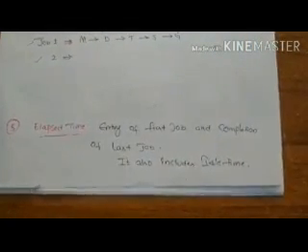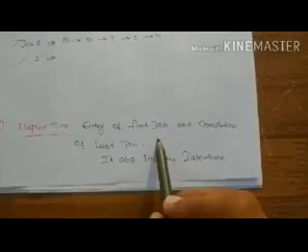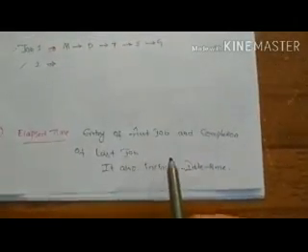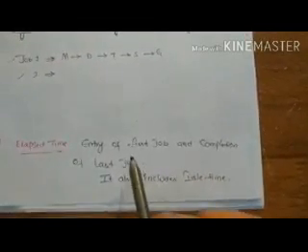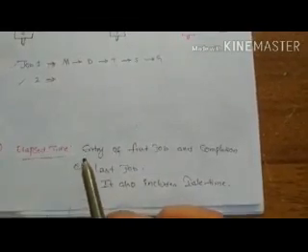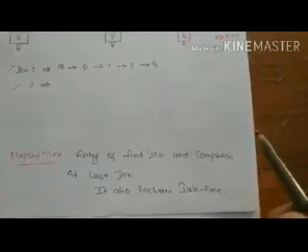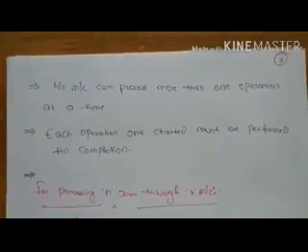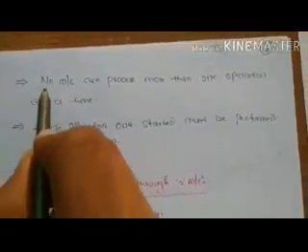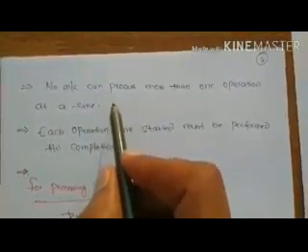The last one is elapsed time: the entry of the first job to the completion of the last job. This time period is called elapsed time, and it includes the idle time of the machines as well. A very important point is that no machine is to perform more than one operation at a time.